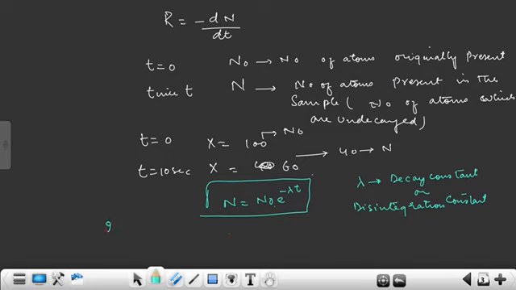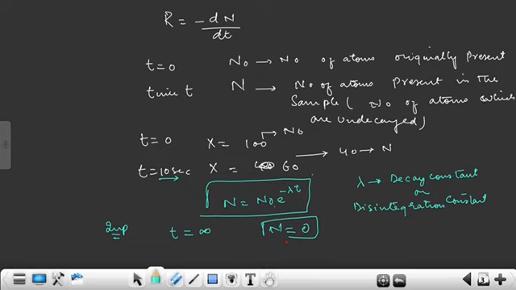One important point you have to remember: suppose time has gone to infinity. In that case N becomes equal to 0, because all the atoms have totally disintegrated, so there is no atom left.